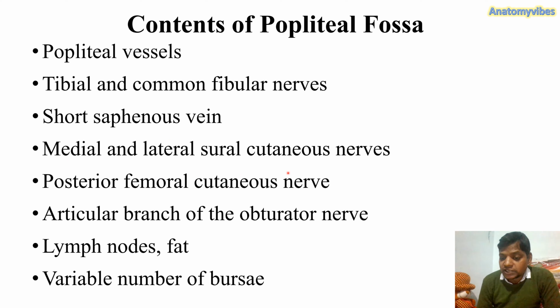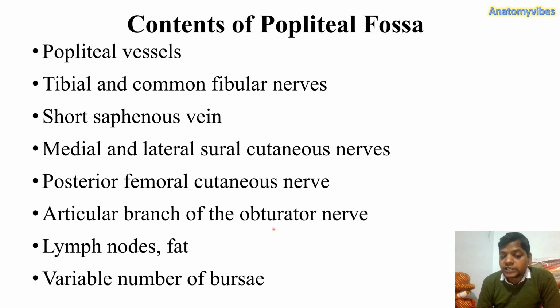The sural nerves, as you have seen, the medial and lateral sural cutaneous nerves. Then one nerve, the posterior femoral cutaneous nerve, which is coming right from the gluteal region, then supplying the posterior side of the leg. That will also come through the roof usually, but some part will form a content of the popliteal fossa.